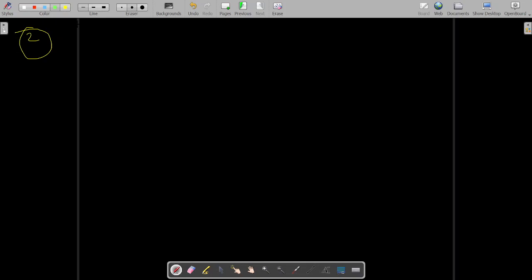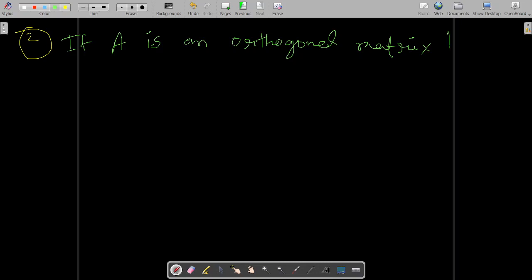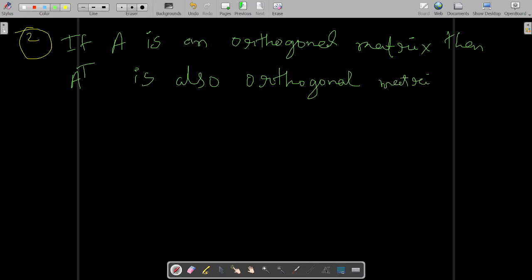If A is an orthogonal matrix, then A transpose is also an orthogonal matrix.